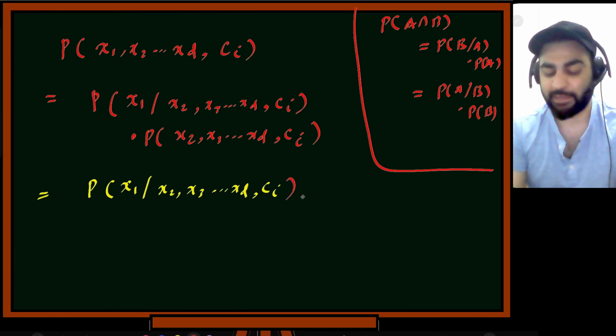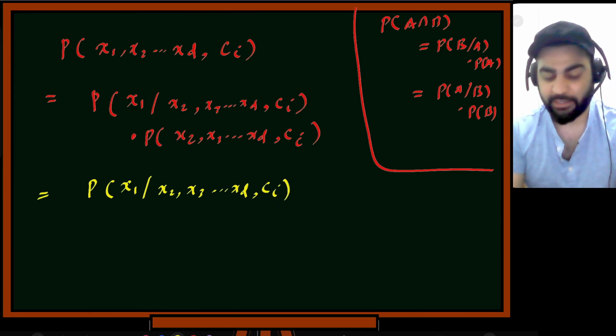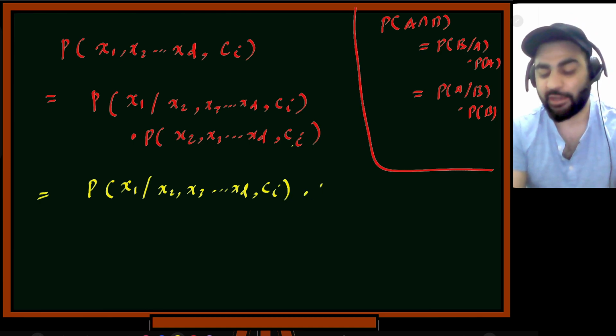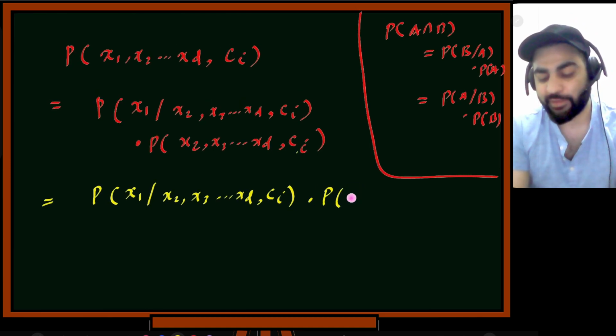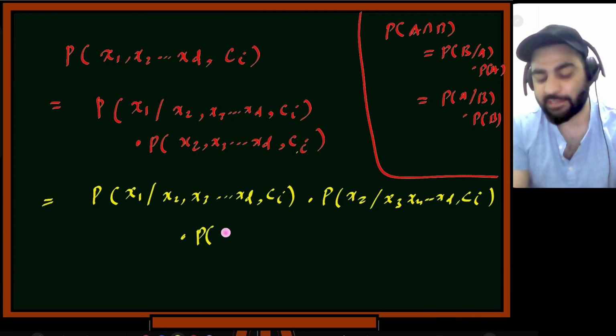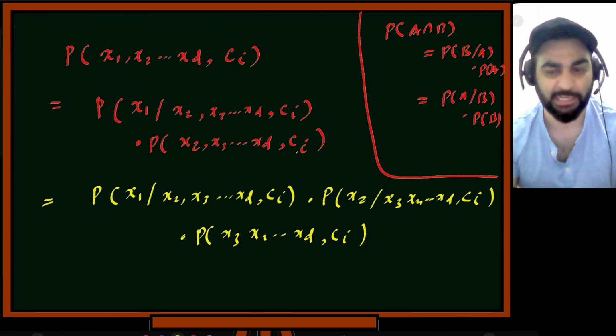And multiplied by this whole thing. Now I can again expand. I can write probability of x2 given x3, x4 till xd, and what is given to me, ci, and then I'll write probability of x3, x4 till xd, ci. Is it clear? So I can keep on expanding like this.